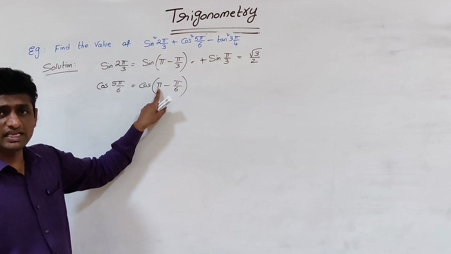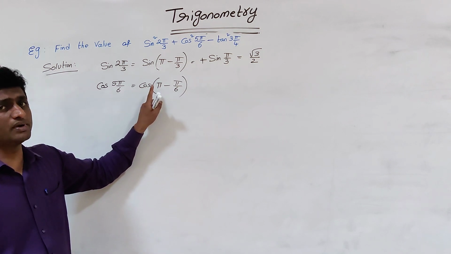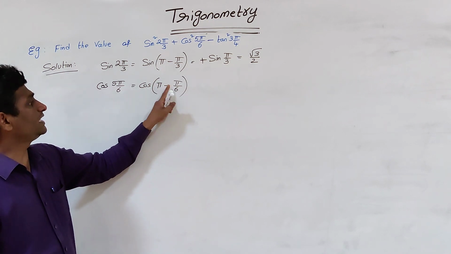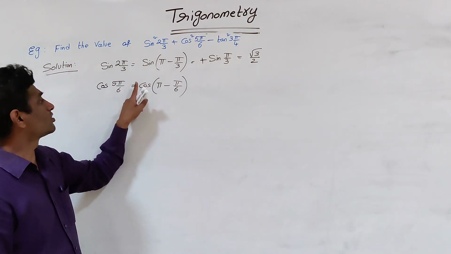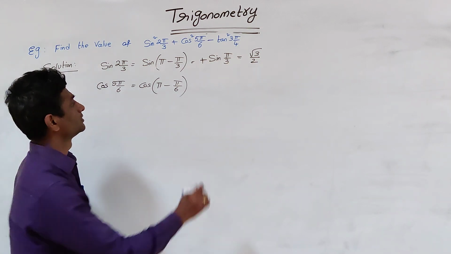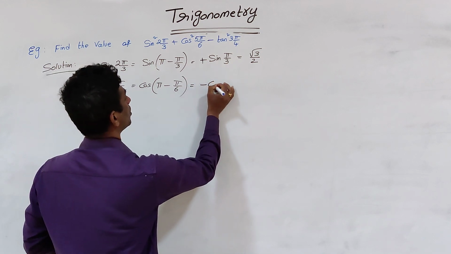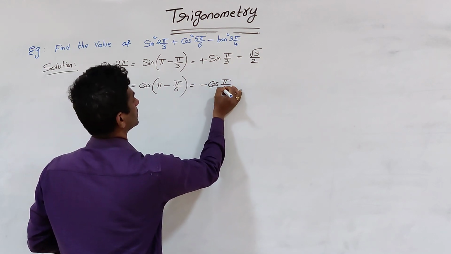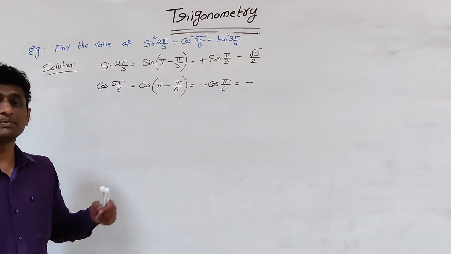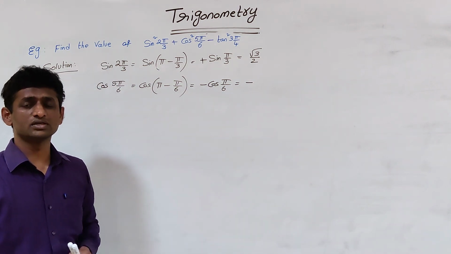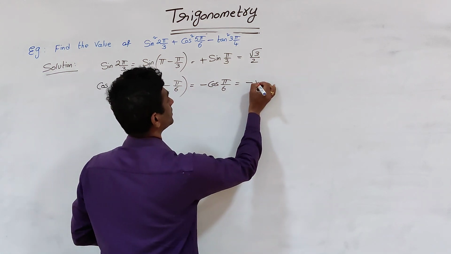Because it is an even multiple of 90, so the trigonometric ratio does not change, and 180 minus theta lies in the second quadrant. In the second quadrant, cos has a negative sign. So it will be minus cos pi by 6. Pi by 6 is equal to 30 degrees. Cos 30 degrees will be root 3 by 2.